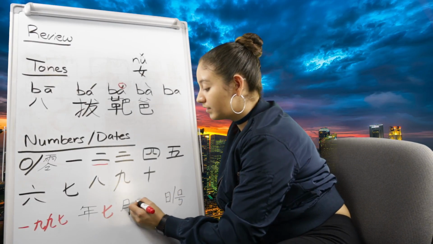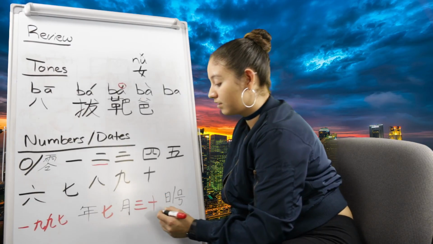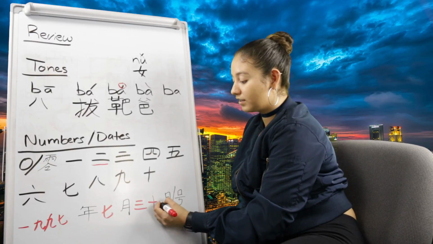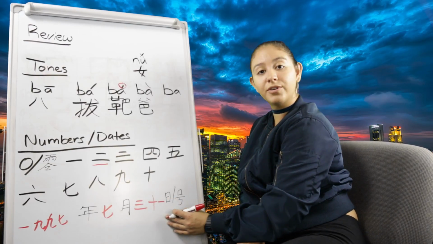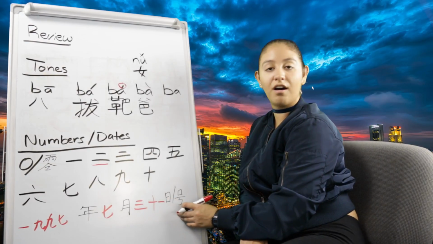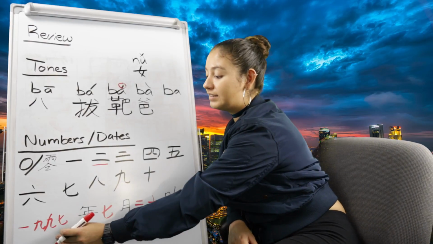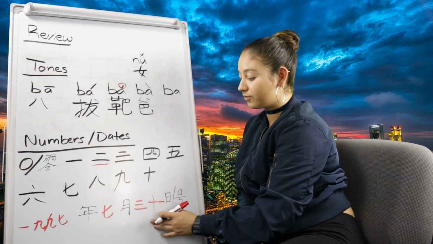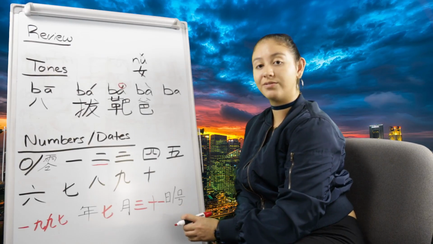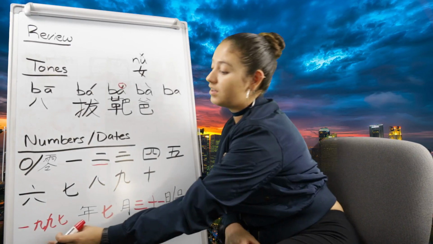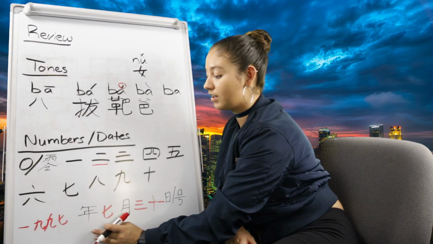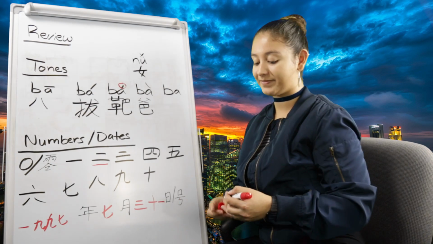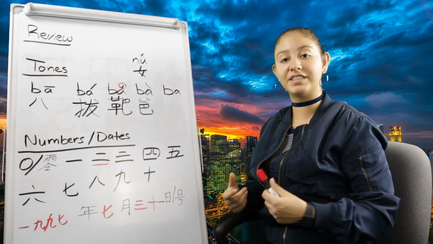Then it is 3, 30号, which is the 30th. You have this, now it's the 31st, so 31号, it is 1997, year of the 7th month, 31st day. July 31st, 1997, 1997年7月31号 or 日.